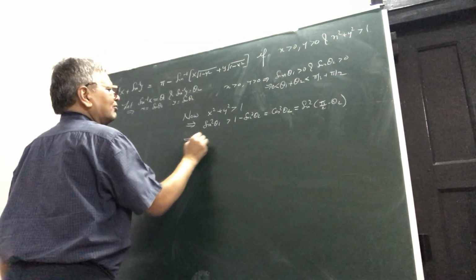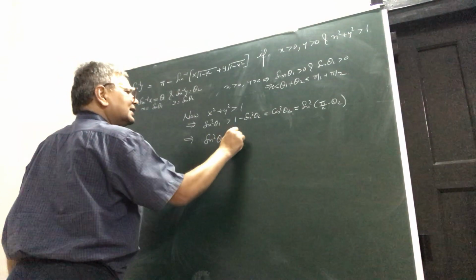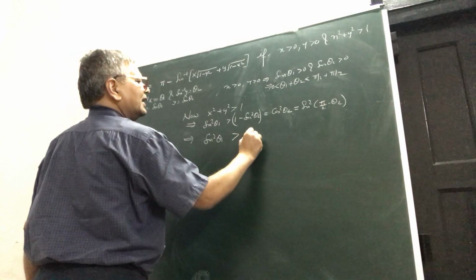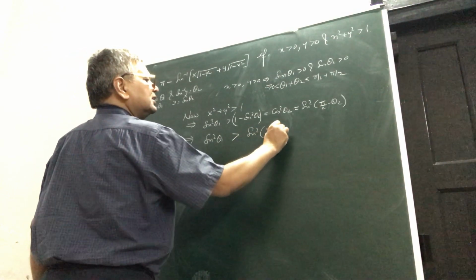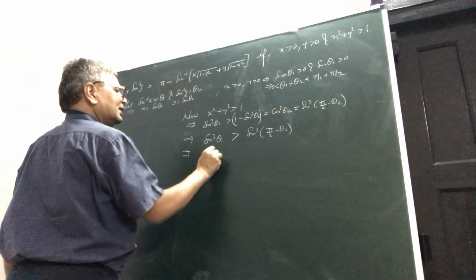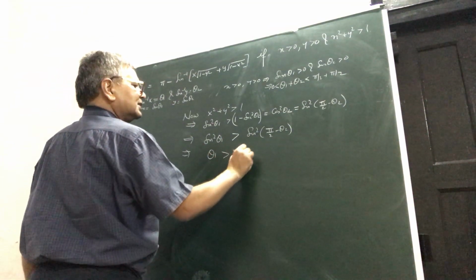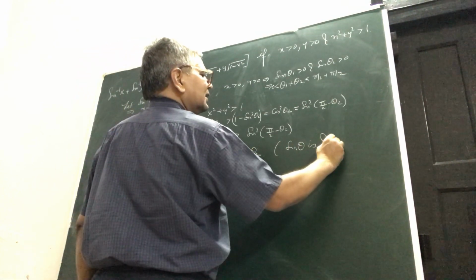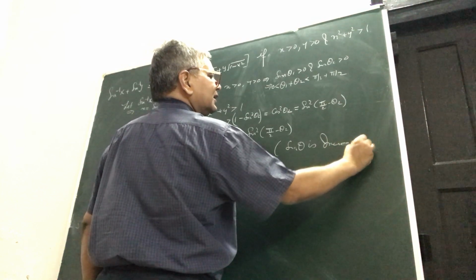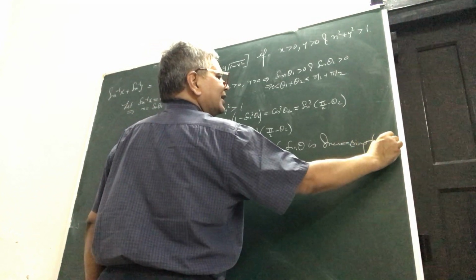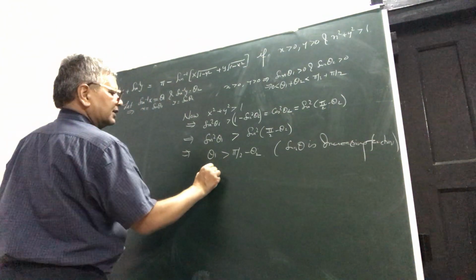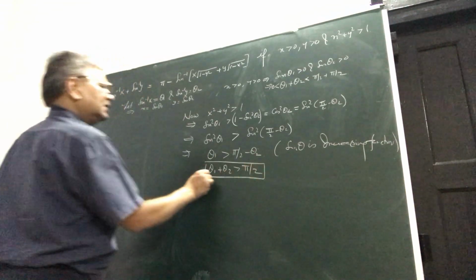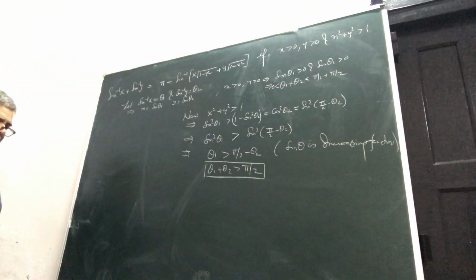So what you are getting effectively is sine square theta 1 is greater than 1 minus this thing, this is equal to sine square pi by 2 minus theta 2, implying that theta 1 is greater than pi by 2 minus theta 2 because sine theta is an increasing function. This is what you need to write. And this will further imply that theta 1 plus theta 2 is greater than pi by 2. Now this is the result which we are looking for.